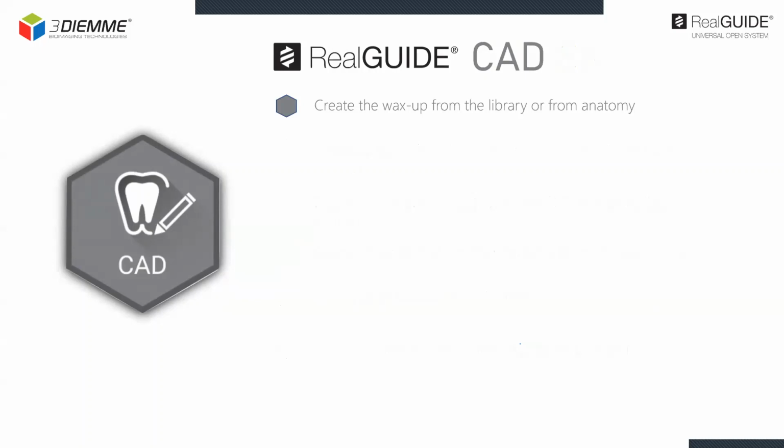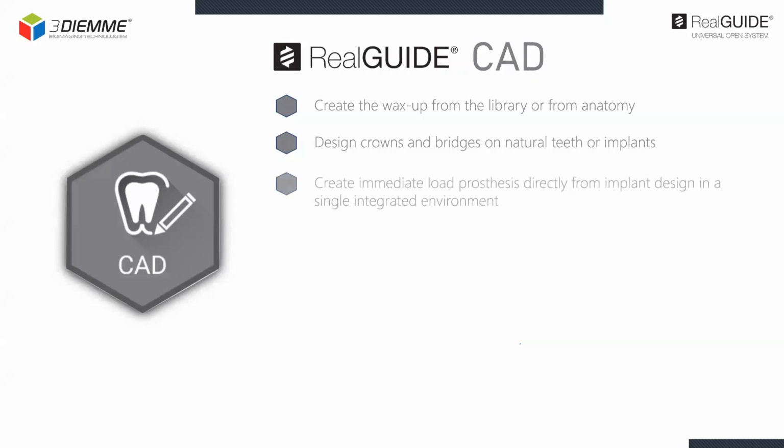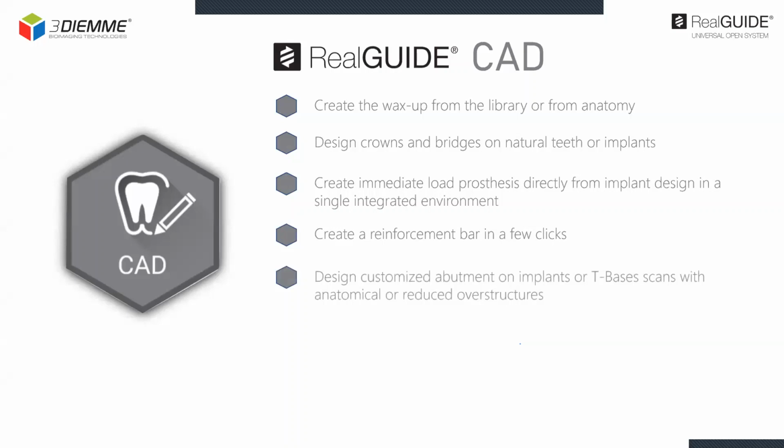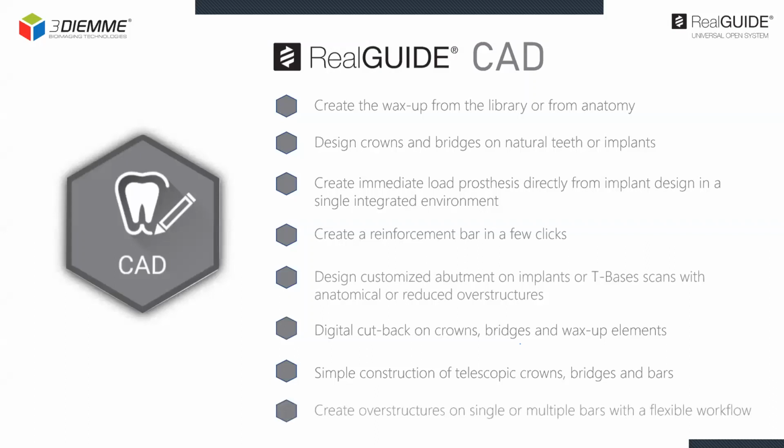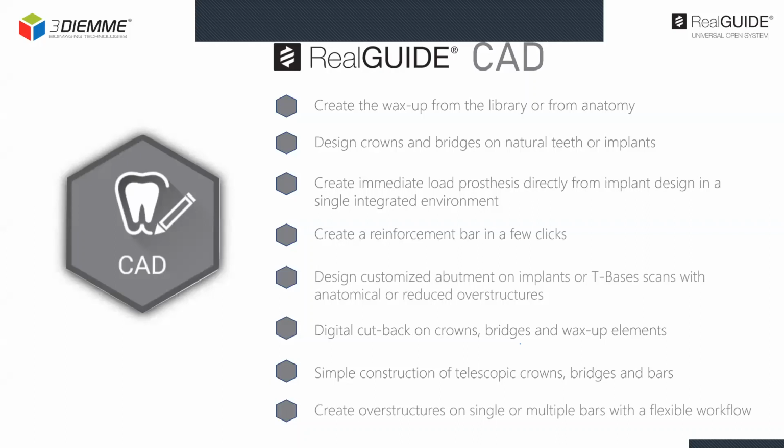Create the wax-up from the library or from the anatomy, design crowns and bridges on natural teeth or implants, create immediate load prostheses directly from implant design in a single integrated environment, create a reformance bar in a few clicks, design customized abutments on implant or T-base scans with anatomical or reduced upper structures, digital cutback on crowns, bridge, and wax-up elements, a simple construction of telescopic crowns, bridges, and bars, and create overstructures on single or multiple bars with a very flexible workflow.